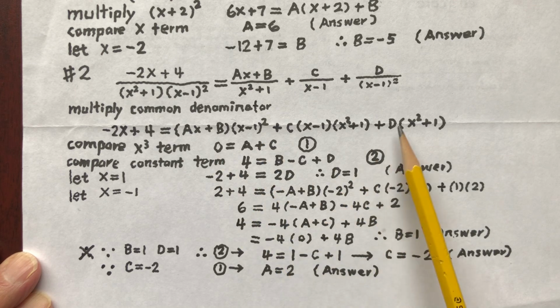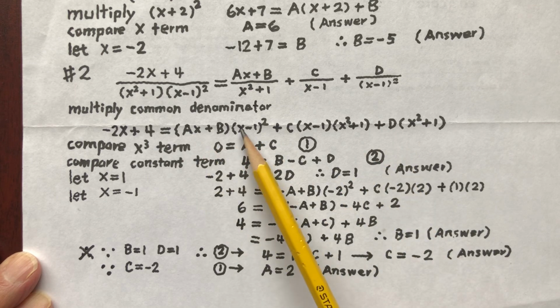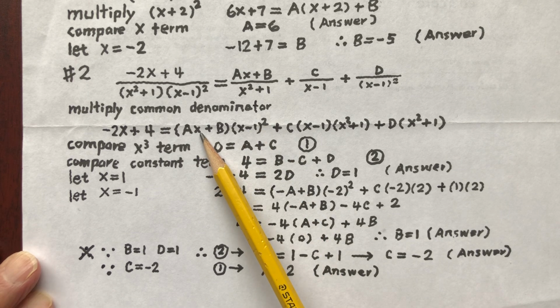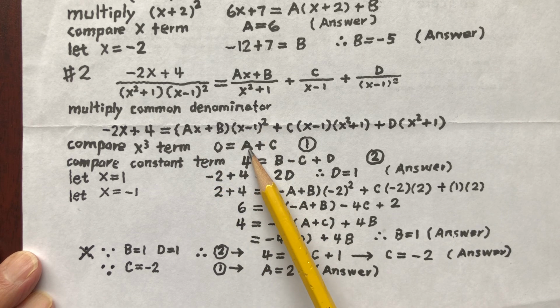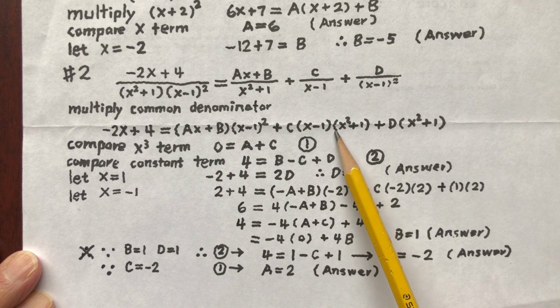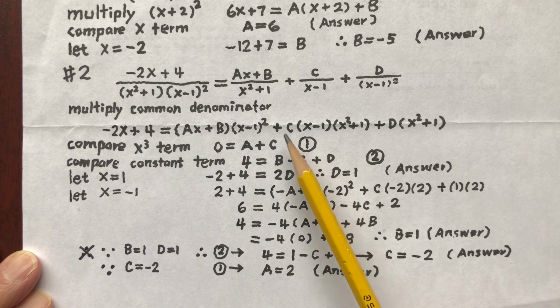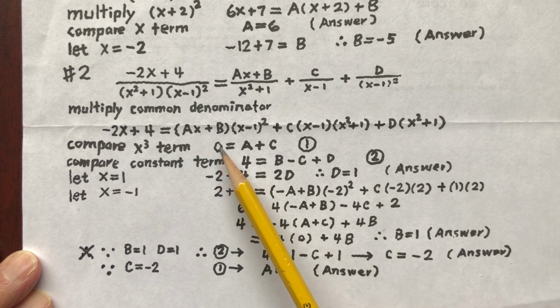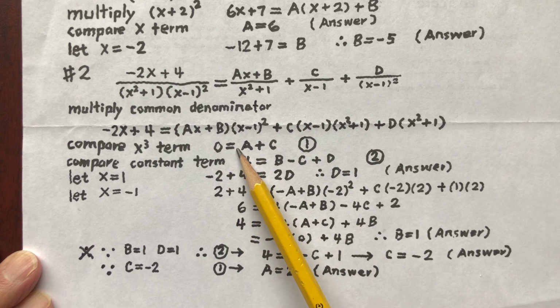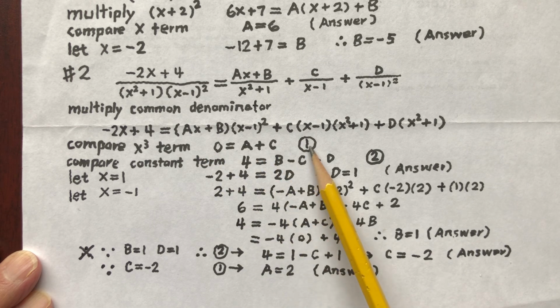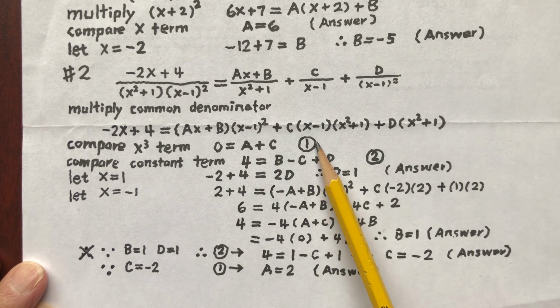On the right-hand side, this x squared times x, that's x cubed, so I have a. Here, x squared times x, that's x cubed, I have c. So I have 0 equals a plus c. That's my equation 1.